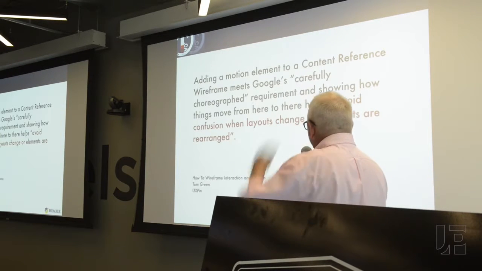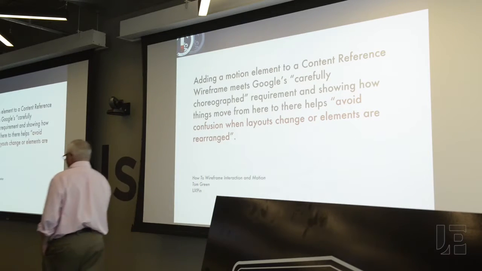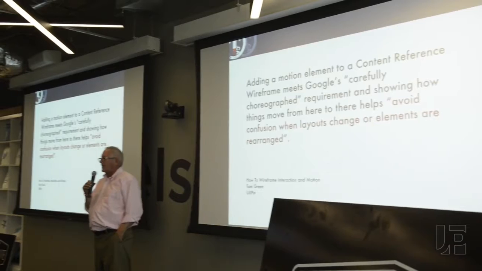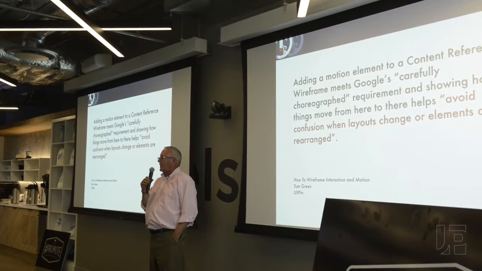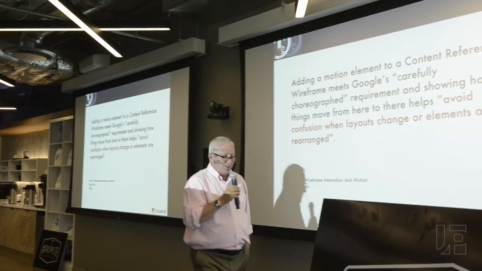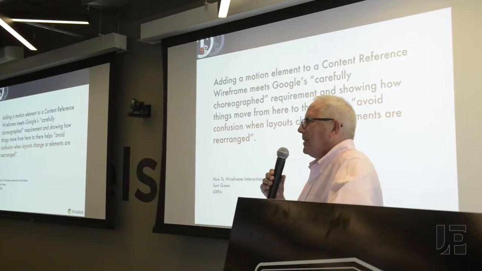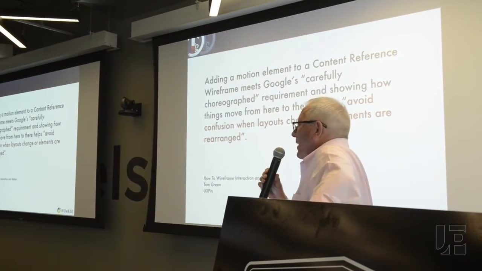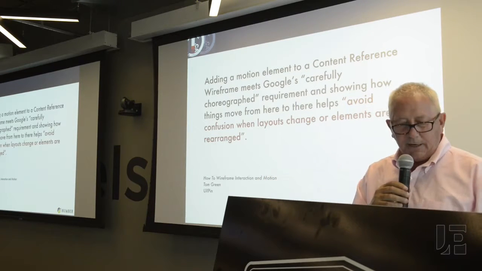So when you add motion, one of the first things I do is I start with a content wireframe, or content reference wireframe. Has anybody encountered this term before, content reference wireframe? This is where you don't worry about things moving. This is where you don't worry about graphics, words, anything. You don't even worry about color. It's just boxes on the page.